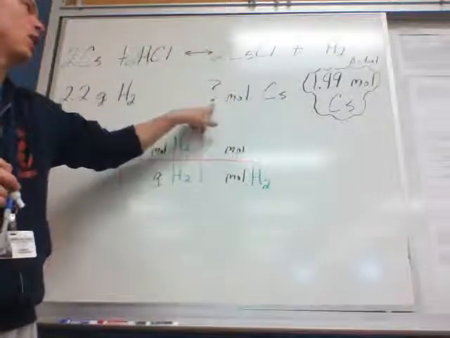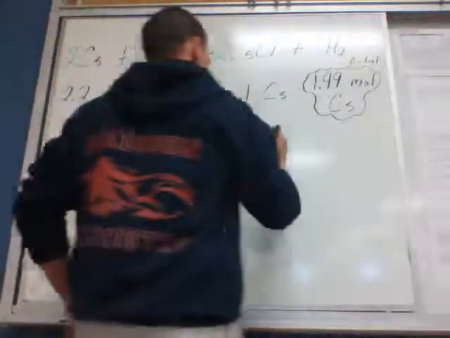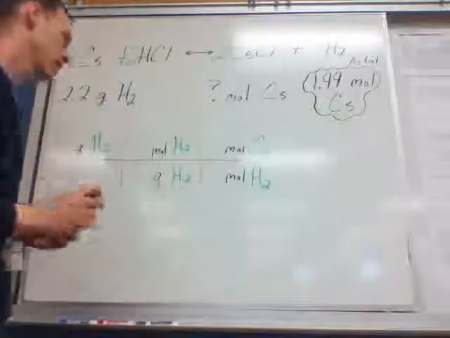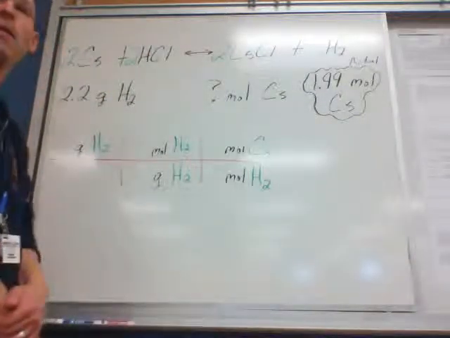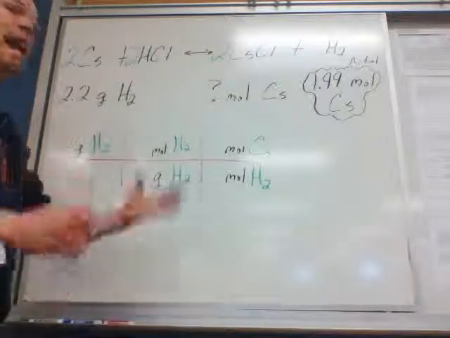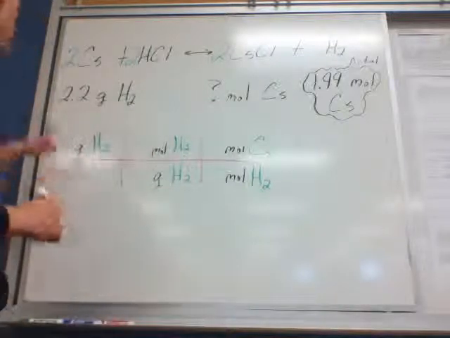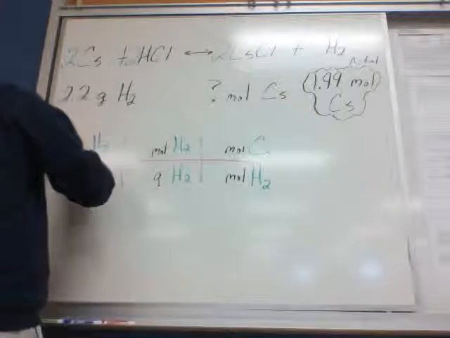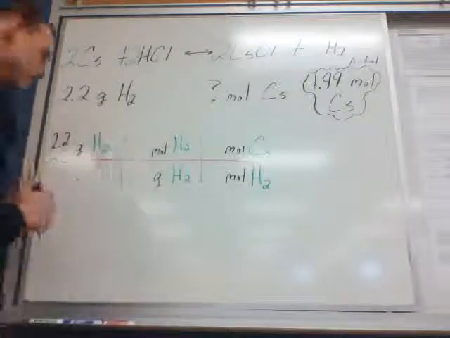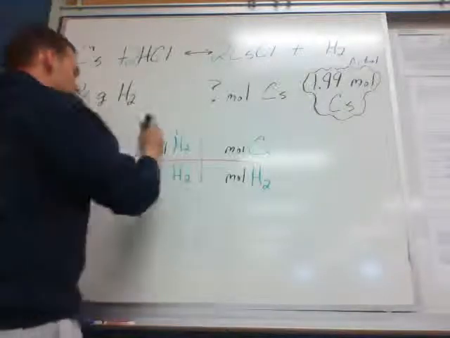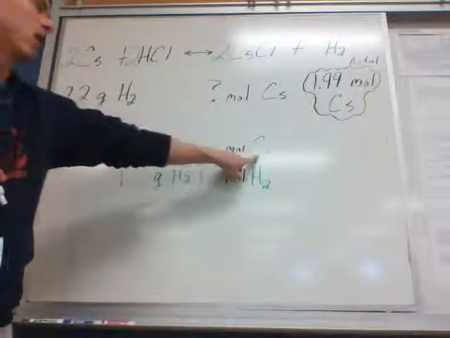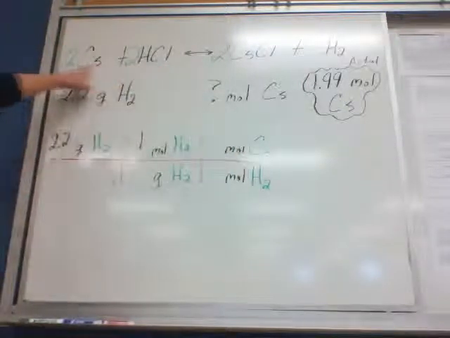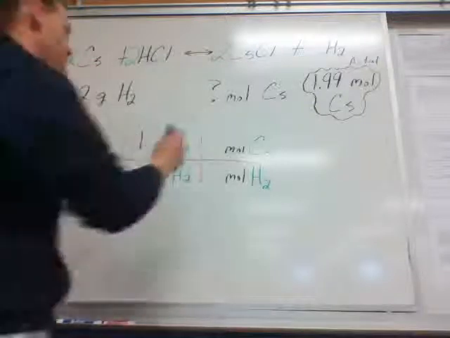This one square says unknown compound, which is CS. Now we can go back and put those numbers in. This square says given number, which is 2.2. This square just has a 1 in it, always. This square says the coefficient of cesium. Cesium's coefficient is a 2.